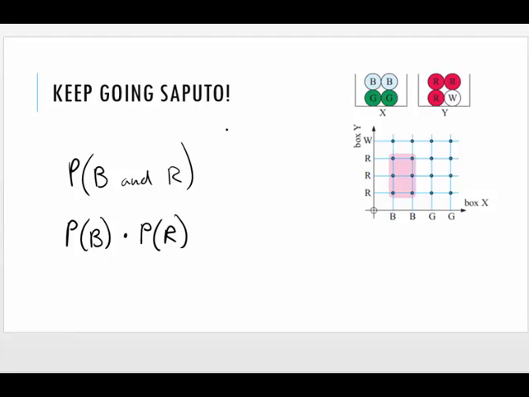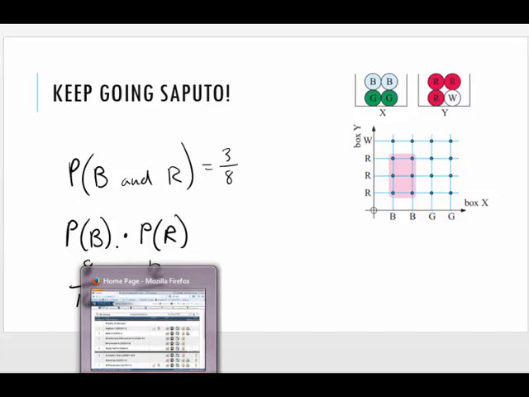This says that our answer right here should be 3/8, right? Okay. So we're going to instead take the probability of B. Probability of B is 1, 2, 3, 4, 5, 6, 7, 8. So it's 8 out of 16. And the probability of R is 1, 2, 3, 4, 5, 6, 7, 8, 9, 10, 11, 12 out of 16.